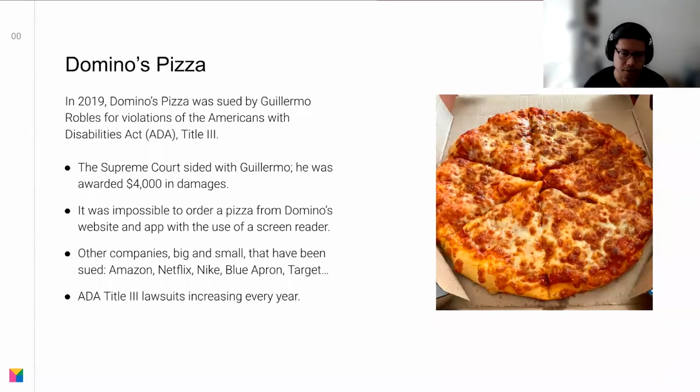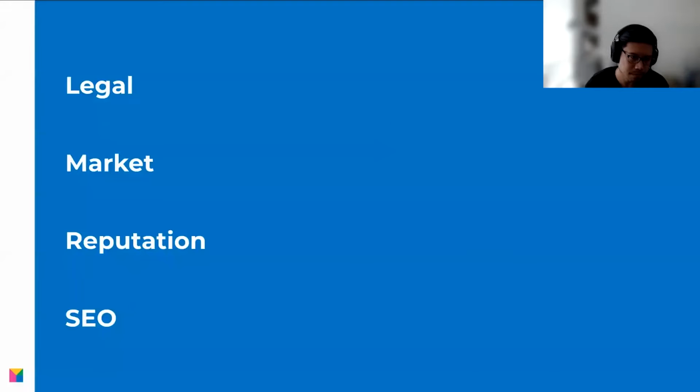Financially and legally, this is one type of business impact. There are a couple of others that I want to talk about that affect our clients. We covered the first one, legal, and obviously there are legal implications which cost lots of money. There are also market implications. Over a quarter of Americans identify as having some sort of disability, and according to reports, that's nearly $500 billion in disposable income.